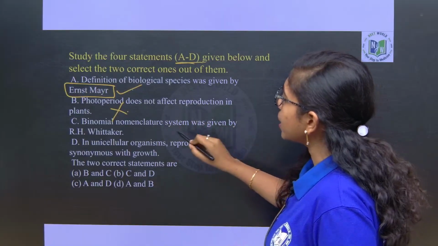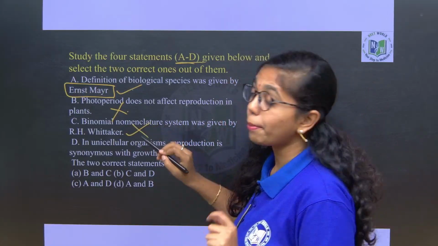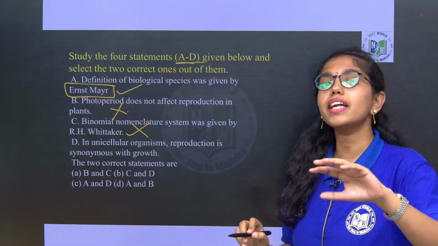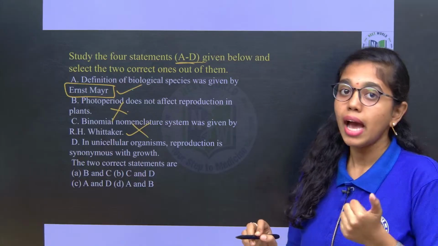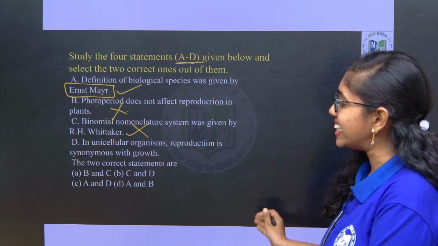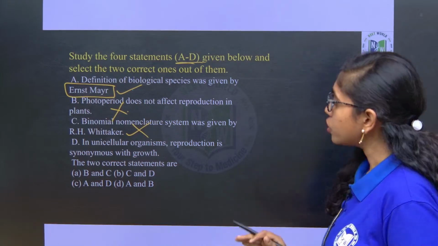Binomial nomenclature was given by R.H. Whittaker, wrong. Binomial nomenclature was given by Carolus Linnaeus. The 5 kingdom system of classification is given by R.H. Whittaker. Next, in unicellular organisms, reproduction is synonymous with growth. Yes, of course.